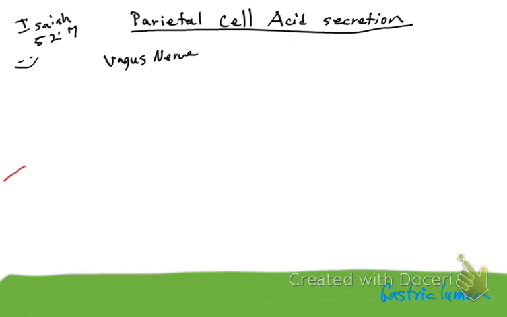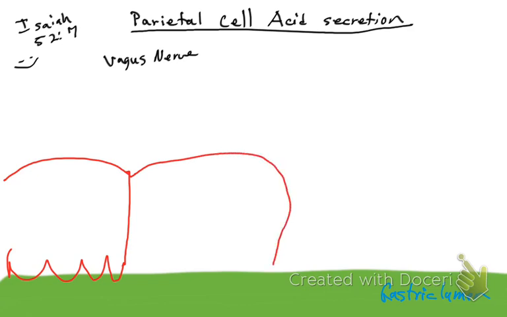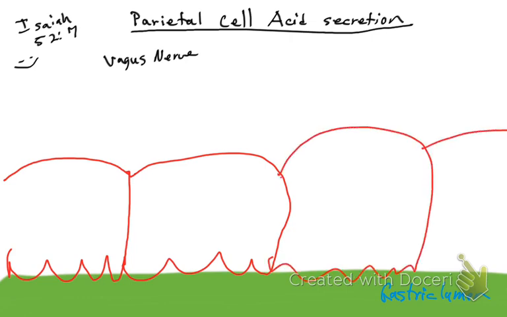So this is a parietal cell. This cell is going to have different receptors.